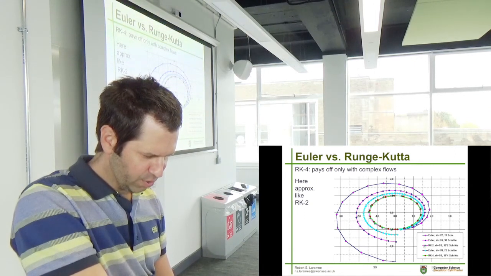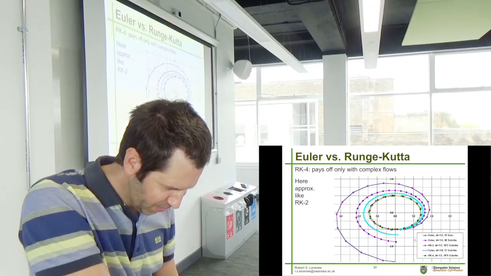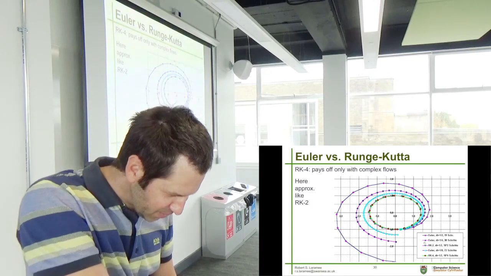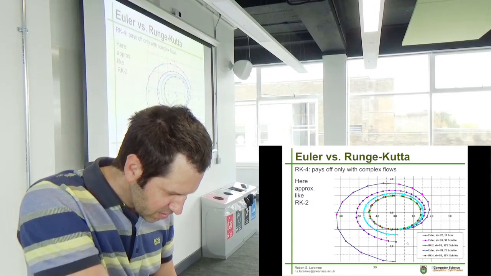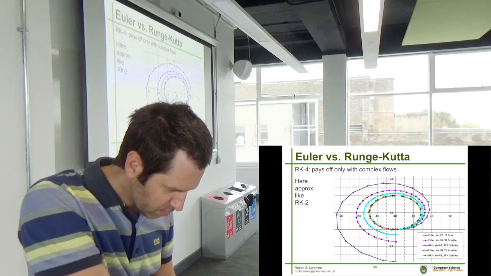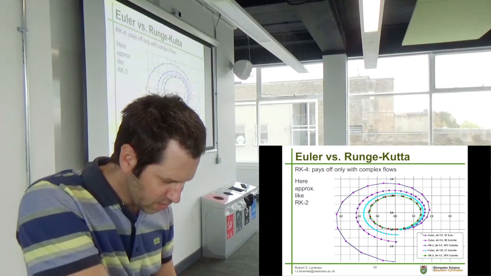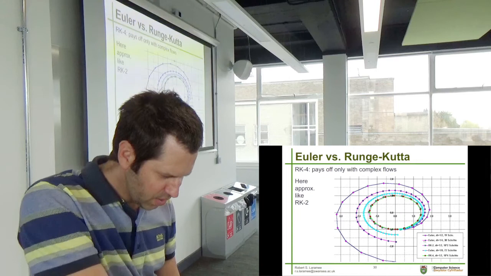Runge-Kutta Second Order, where is that one? That's this one. Runge-Kutta Second Order, that's this one. So it's the second least accurate in this example.